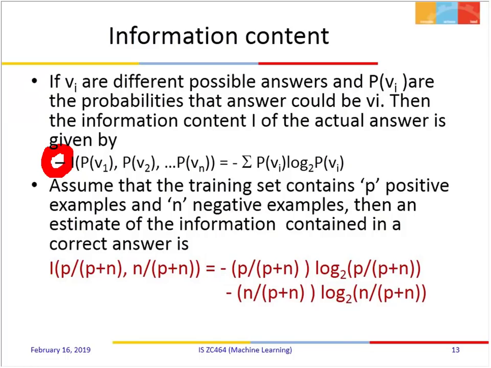I is only the information content, right? I is the information content. It is representing that, and then it is the log value on the right hand side. It is not the Bayes theorem. It does not have anything to do with the Bayes theorem. It is not calculating any conditional probability. So it is actually base 2.